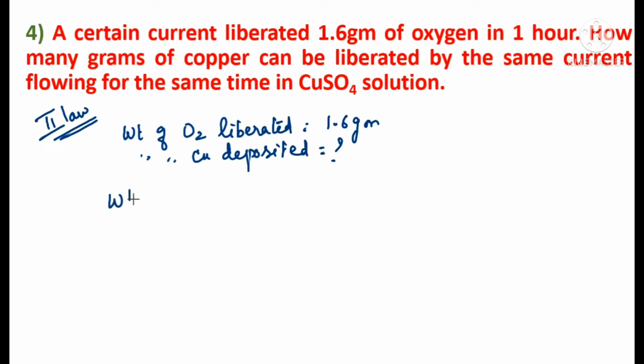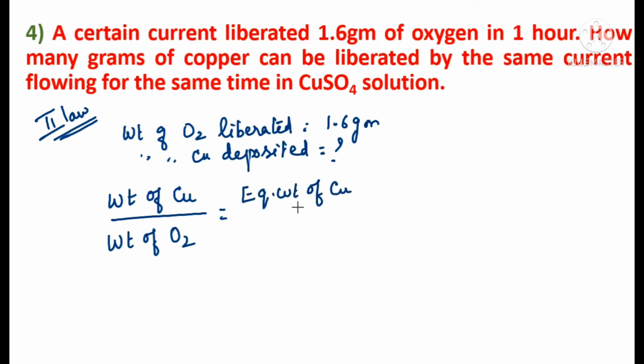It goes like this: weight of copper divided by weight of oxygen is equal to equivalent weight of copper divided by equivalent weight of oxygen.